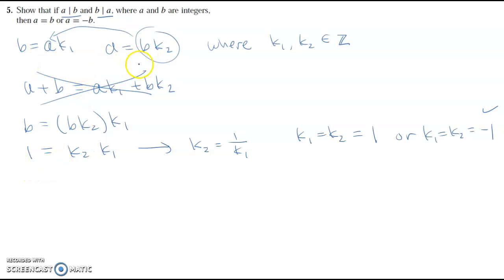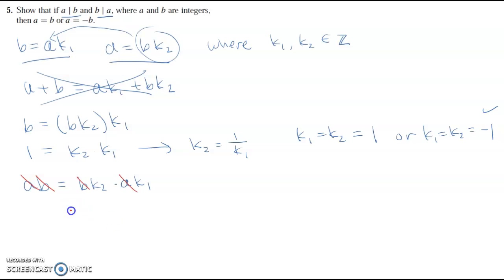What if we tried multiplying these two? Let's multiply equation 1 and equation 2. Then we have AB equals B K2 times A K1. Let me divide both sides by A, so that gets divided out, and also divide both sides by B, so that also gets divided out.